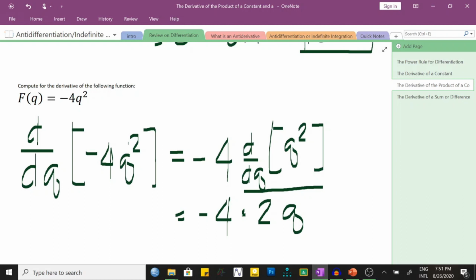So we do not have to write 1 as the exponent. That's understood to be 1. So now our final answer must be negative 8q. So this is now the derivative of negative 4q squared. I hope you are able to follow.